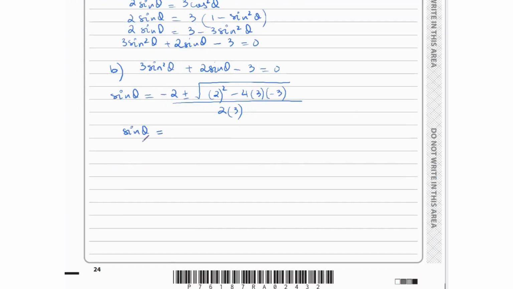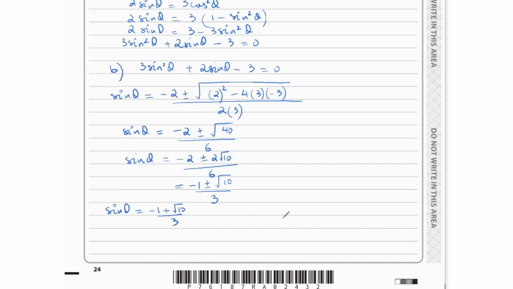That's going to be negative 2 plus minus square root of 40 over 6, which is negative 2 plus minus 2 root 10 over 6. Simplify, so negative 1 plus minus root 10 over 3. So sine theta equals negative 1 plus root 10 over 3, and sine theta also equals negative 1 minus root 10 over 3.